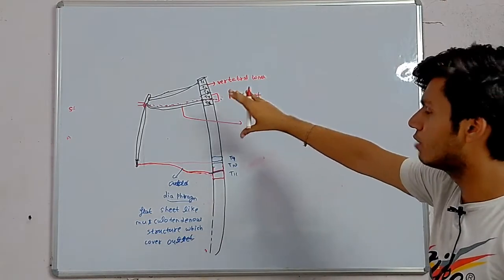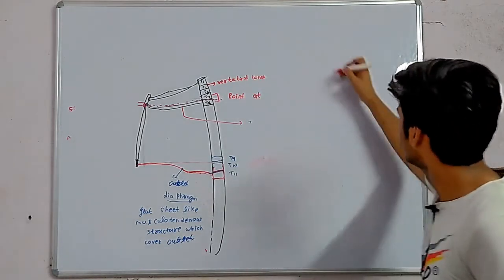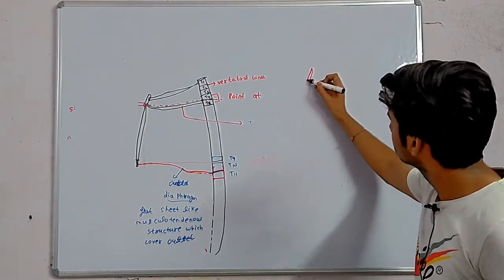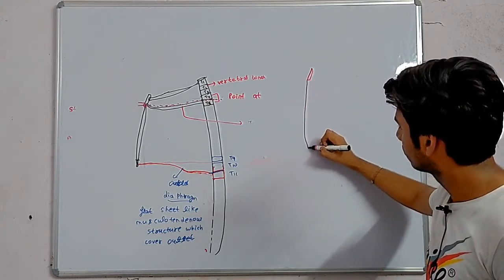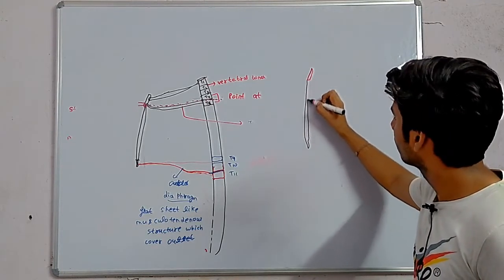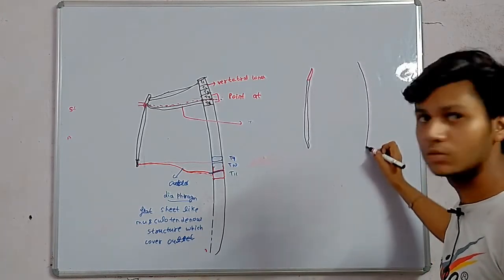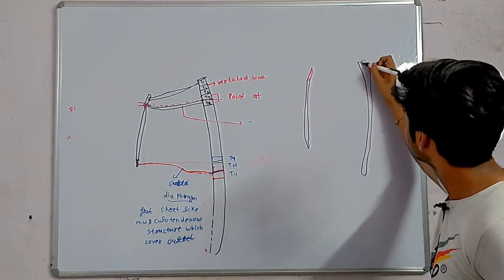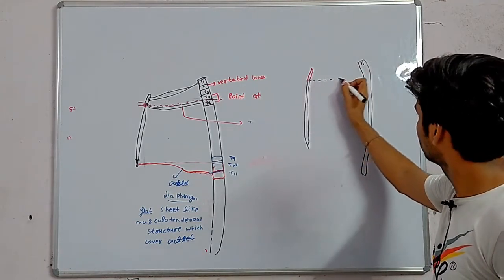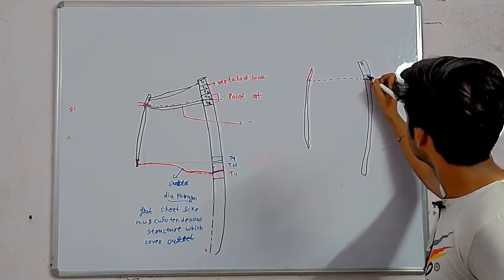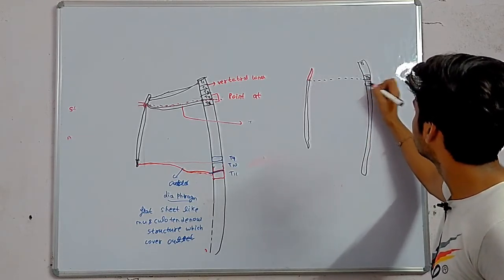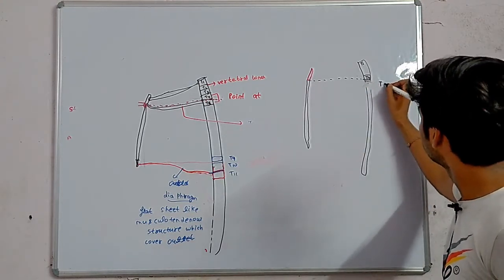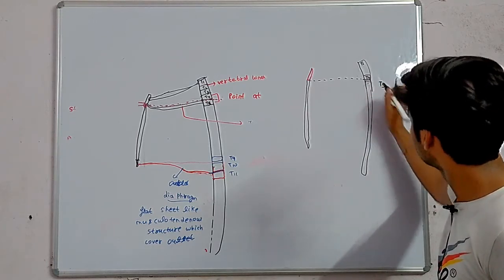So now we divide the thorax into many more parts. So this is sternum. This is vertebral column. This is T4 and T5 vertebra. T5.